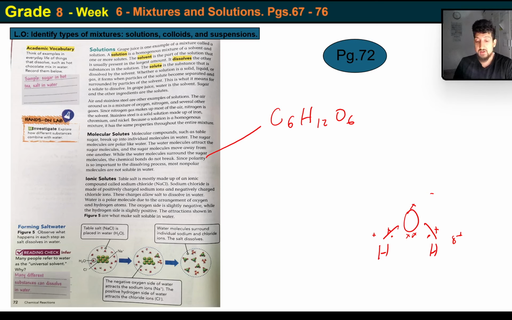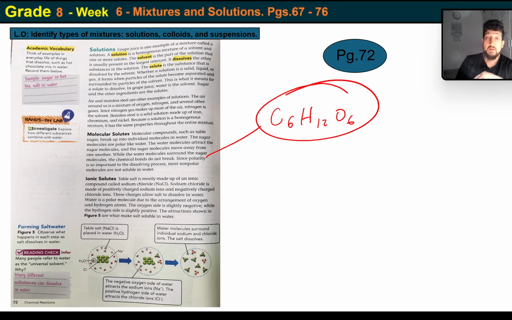Because water is polar, and because this here is polar, they attract each other, and this distributes itself throughout the liquid and dissolves in the water. Okay?